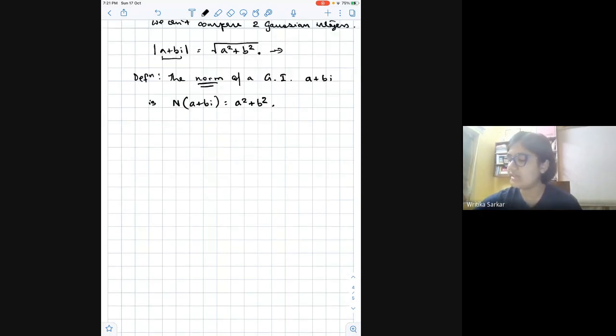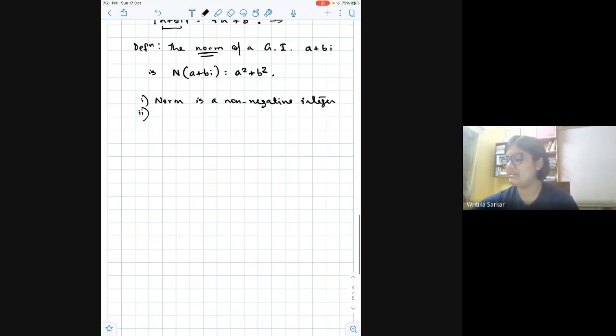The advantage we get is that, first of all, the norm is an integer, actually a non-negative integer. And the second thing is it's already giving us a sense of how the Gaussian integers are going to be useful in the sum of two squares problem.